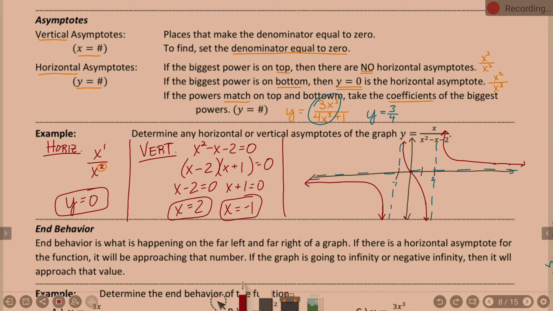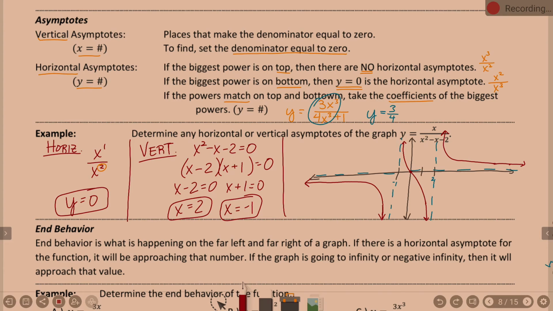Yes, you can use tracing to help figure that out, but what I also want you to realize is, without tracing, could I look at this and factor my denominator and look at those pieces and say, okay, we've got the 2 and the negative 1 there? The more we can put together about these graphs, the better we'll understand what all is going on. Questions there?